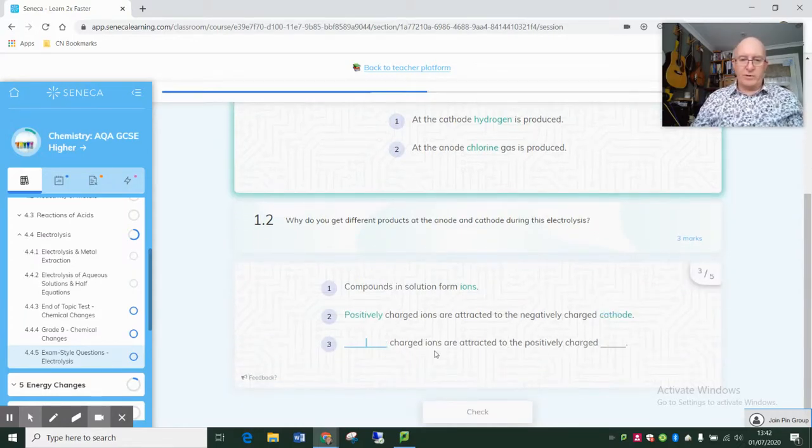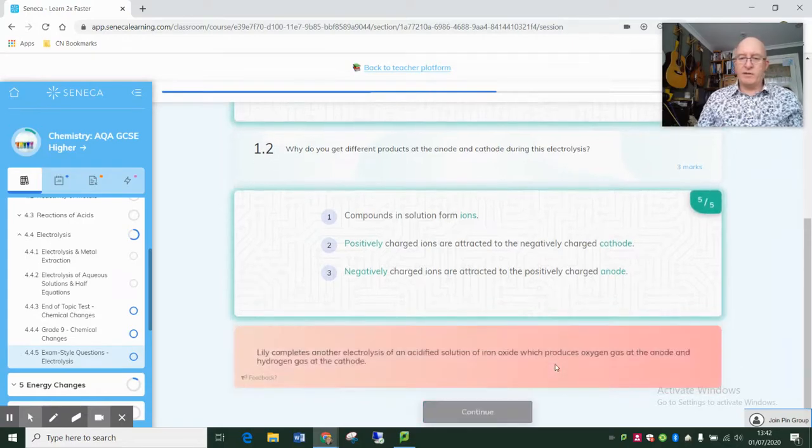And here we've got the opposite one, so we'll say negatively charged ions are attracted to the positively charged anode. Positive anode, negative is cathode.